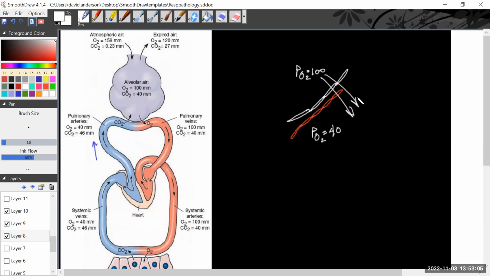We can appreciate that there are a few other mechanical barriers that are part of this. The space between the two tissues, the interstitial space, which is fluid filled. There's some surfactant on the surface of the alveoli, and a basement membrane for each of those simple squamous epithelia.